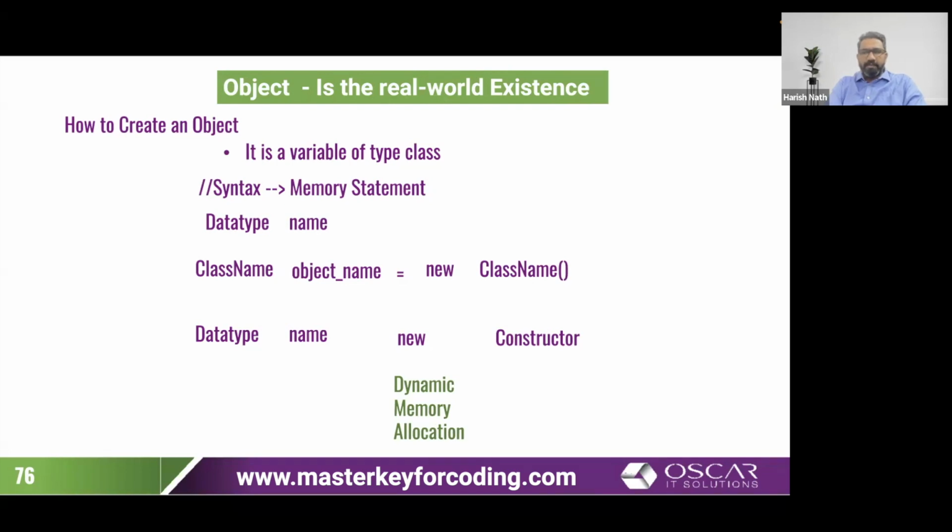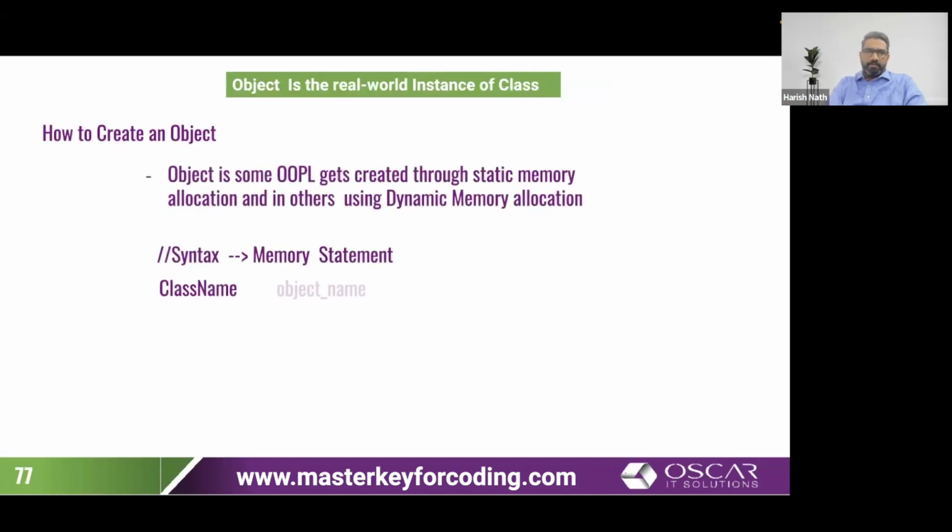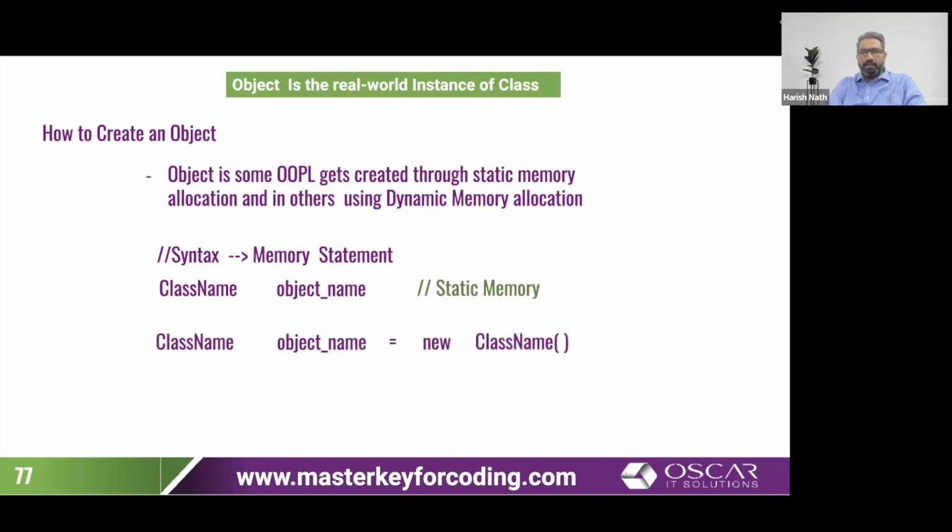In some languages, objects are created through static, whereas in most languages, objects are created with dynamic memory allocation. What static and dynamic memory allocation are in detail, we will be discussing in our 15-hour approach. So you can create the object in static memory, or you can create it with dynamic memory allocation. Both options are there. Some languages support one, most of them support the other.